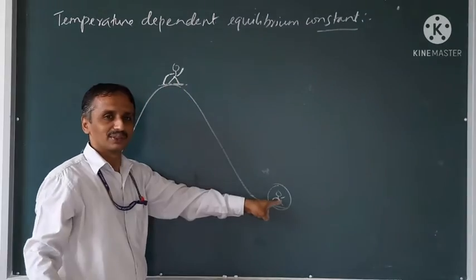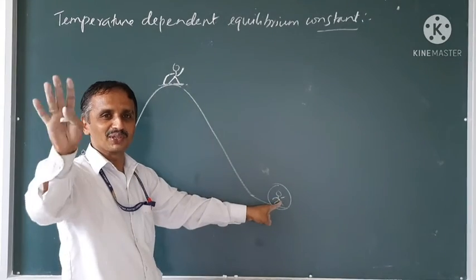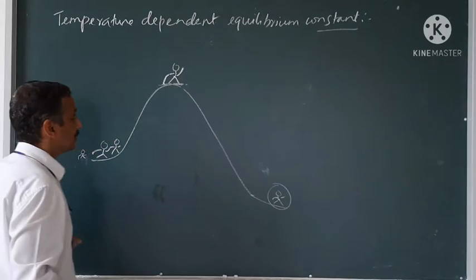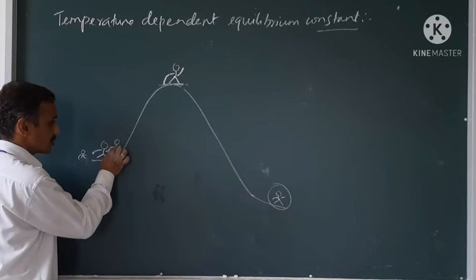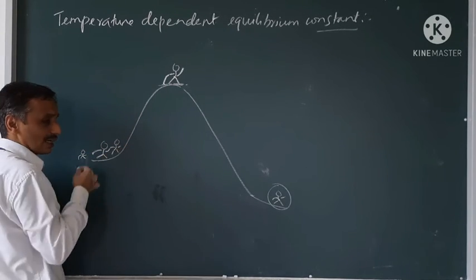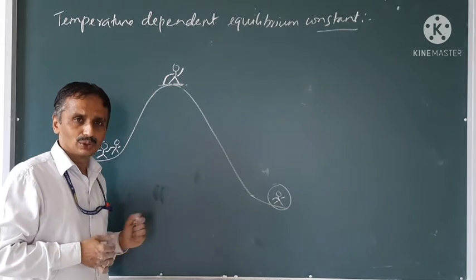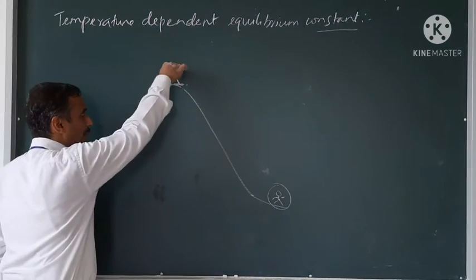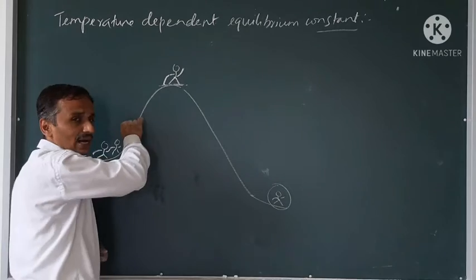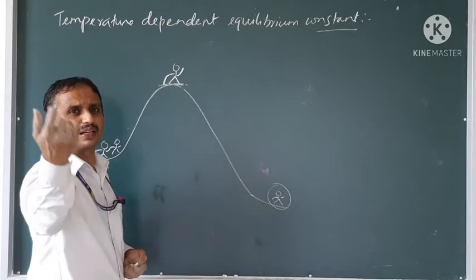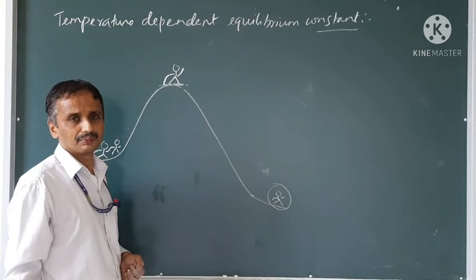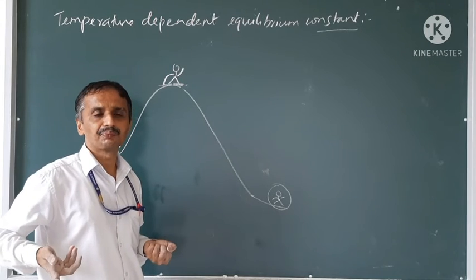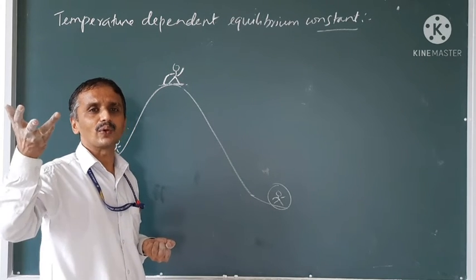So he will reach here. Now, I said I did not eat, so I did not have the energy. So to come up to here, what should be there? I should be given some energy, for what reason? To activate me. That will be the activation energy.